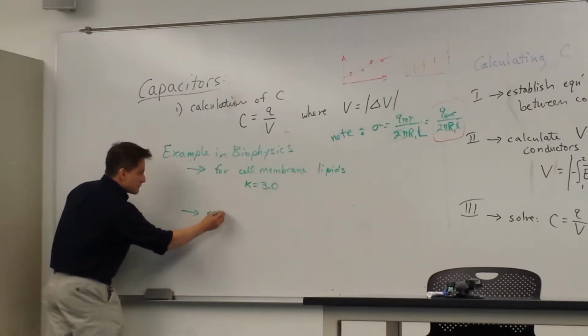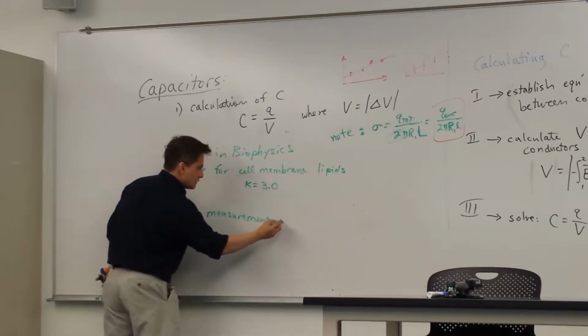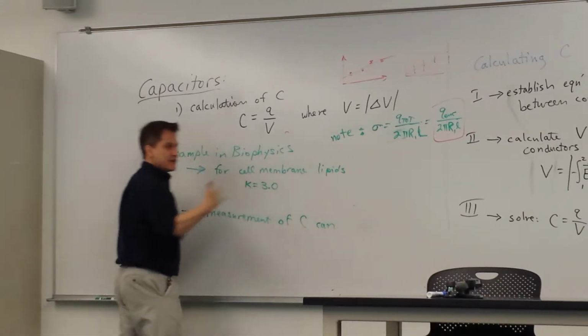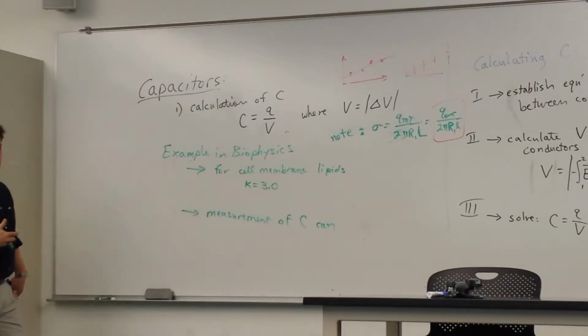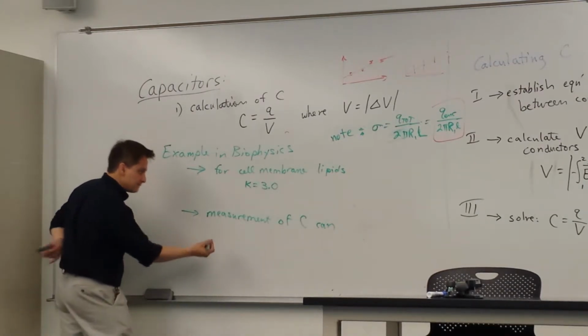You can use measurement of capacitance to identify the geometry of a cellular membrane system, one that's too small to physically measure without destroying it, like a nerve cell or a cardiac cell, a myocyte.